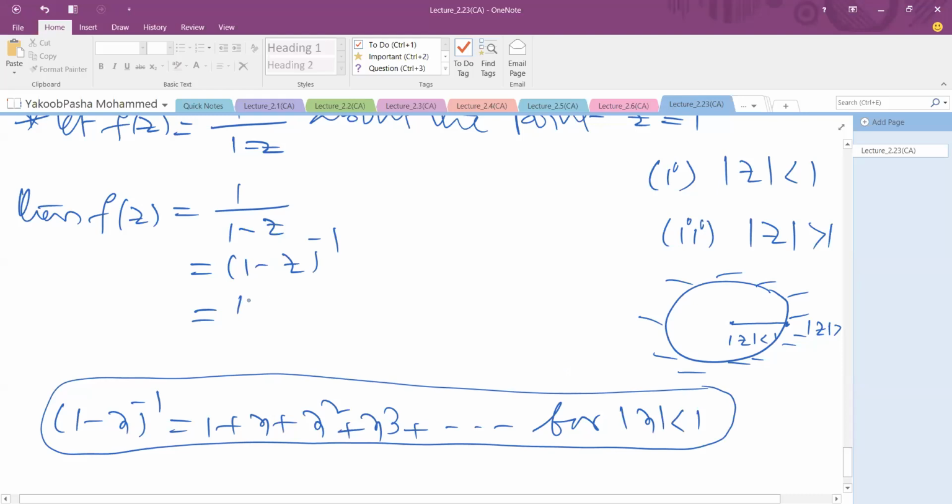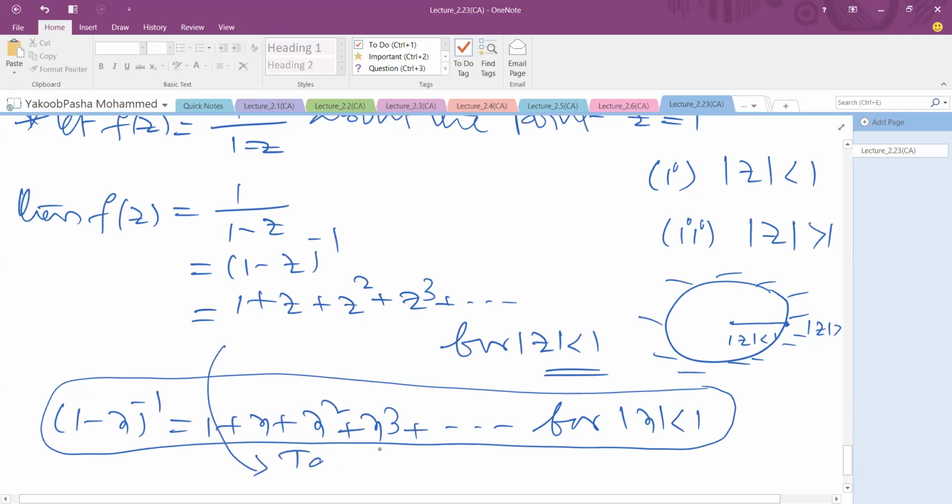So here, 1 plus z plus z square plus z cube and so on, for modulus of z less than 1. This expansion is called Taylor series expansion.